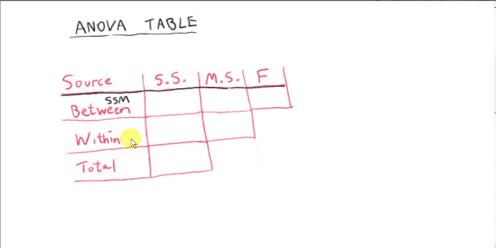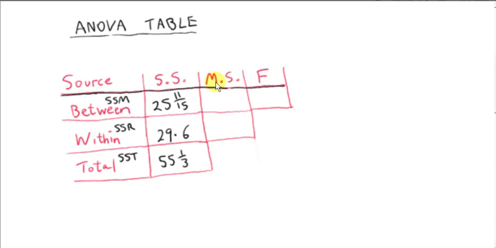We have variation within each group, that's SSW, also known as SS residual, SSR, and we have SS total. If you know any 2 of these values, you can get the third, because SS between plus SS within equals SS total.